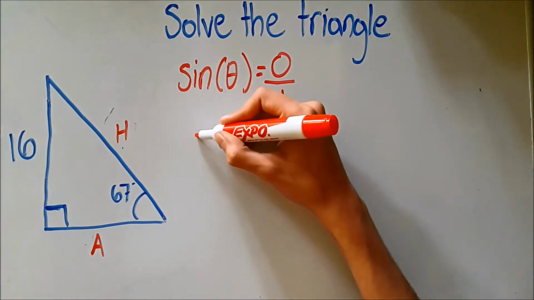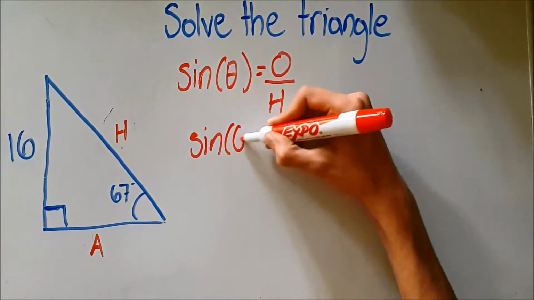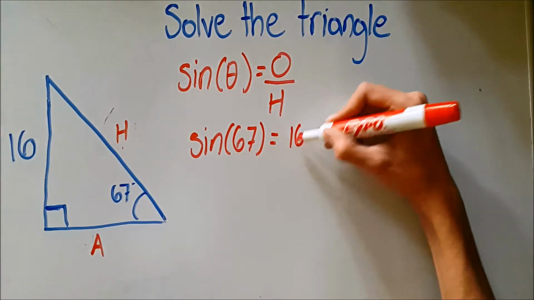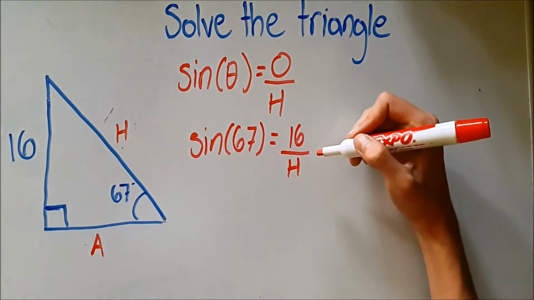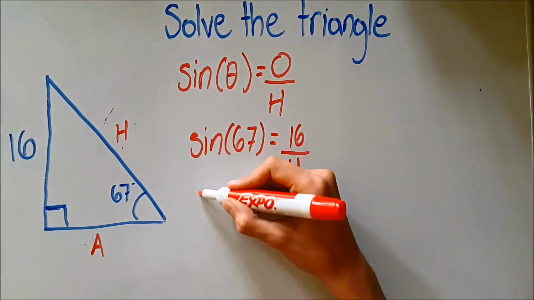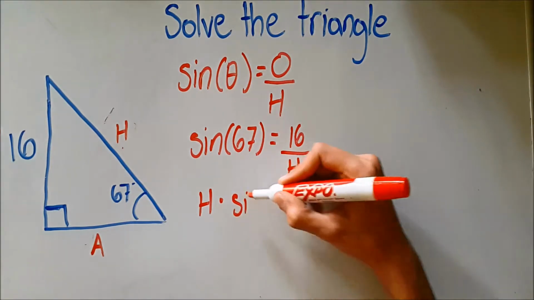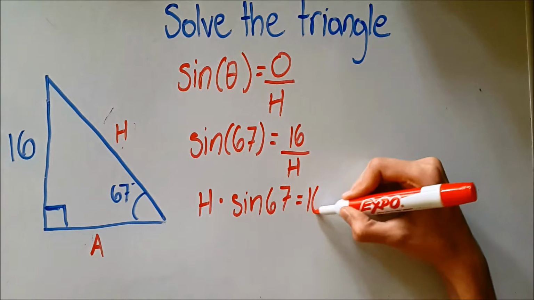So our equation will be the sine of our given angle, which is 67, equal to 16 over the hypotenuse. To solve this equation, first we're going to move the h to the other side of the equation, multiplying. So we will have h times the sine of 67 equal to 16.